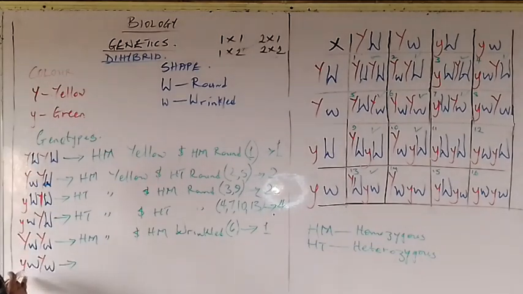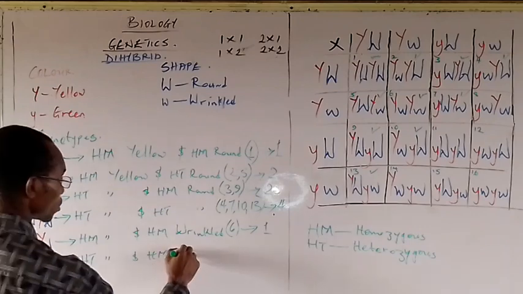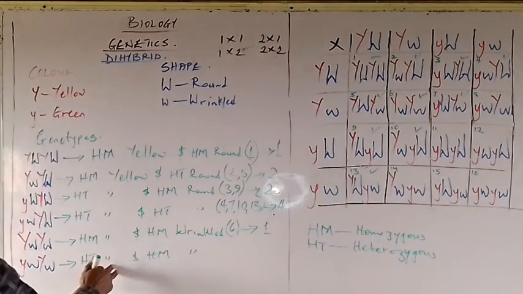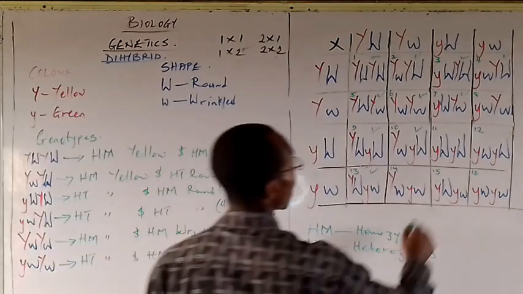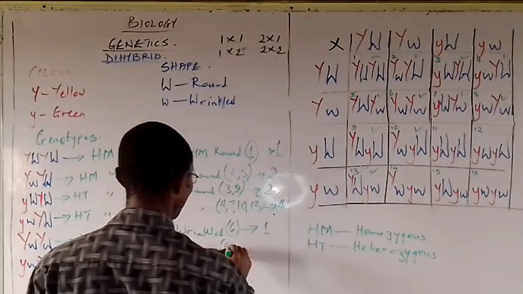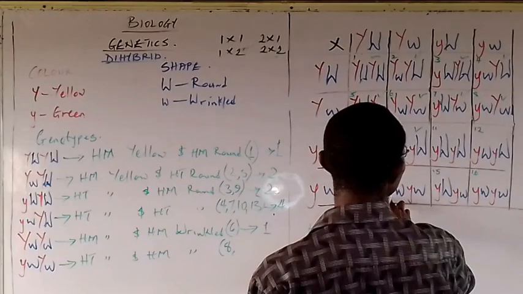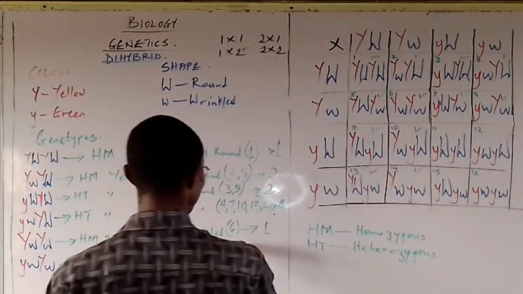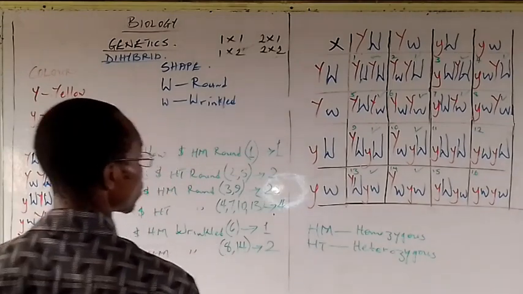We have heterozygous yellow and homozygous wrinkled. Let's see where we have that. That is number 8. Where else do we have that? Number 14. We have it again in number 14. So we have two possibilities of those.